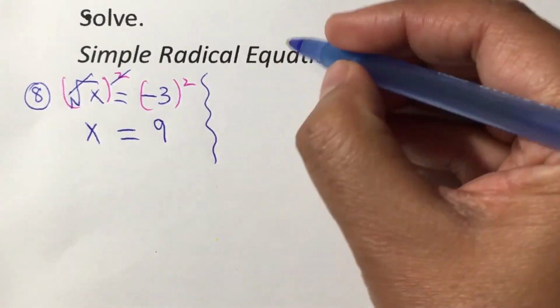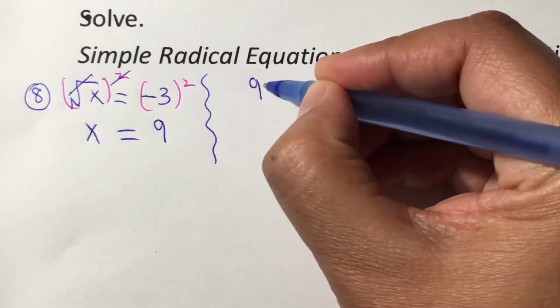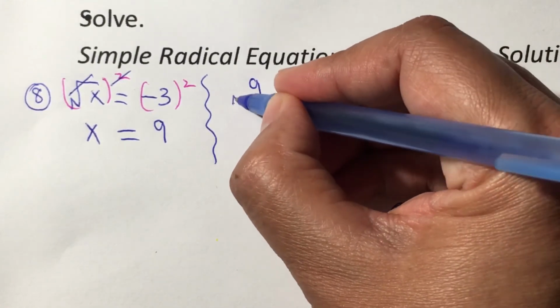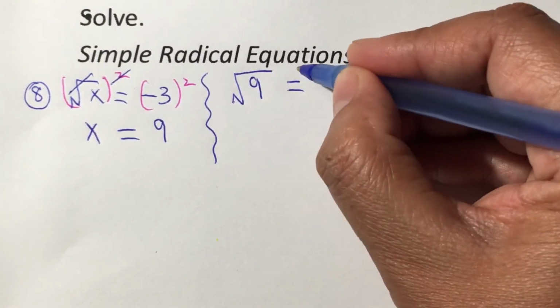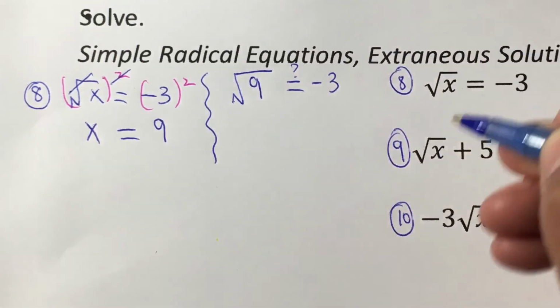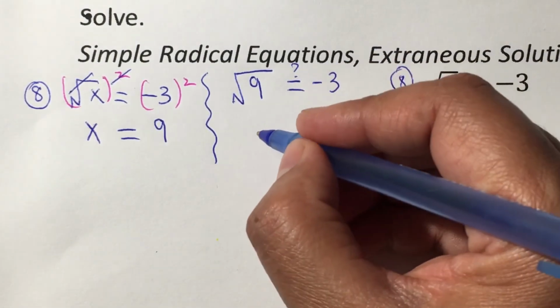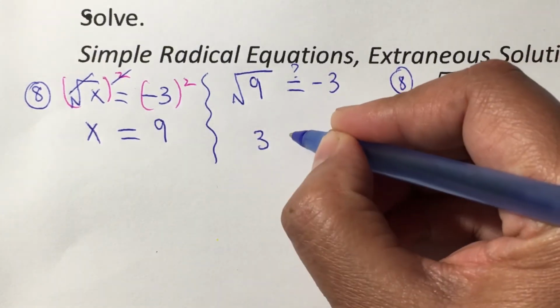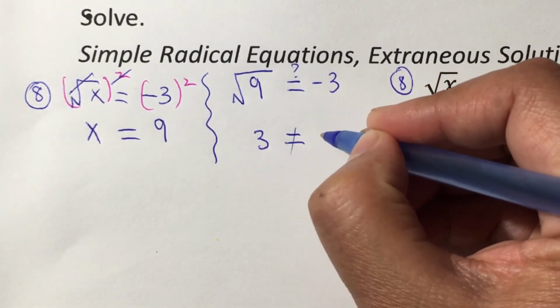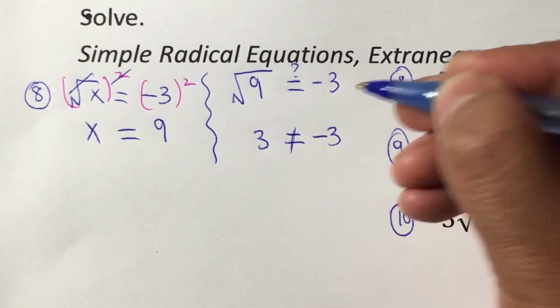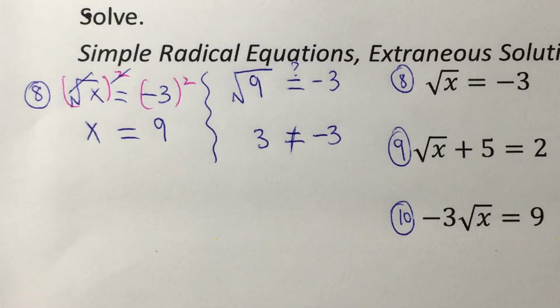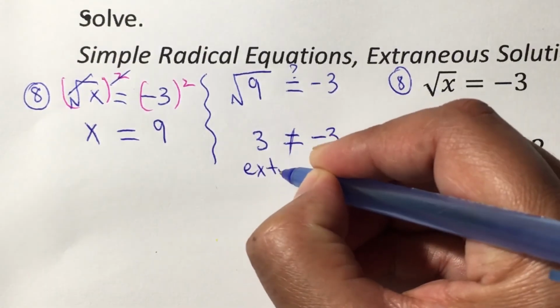Let's check. And so 9 inside of the square root, is it equal to negative 3? And we get that the square root of 9 is 3, is not equal to negative 3. So that gives us an extraneous solution.